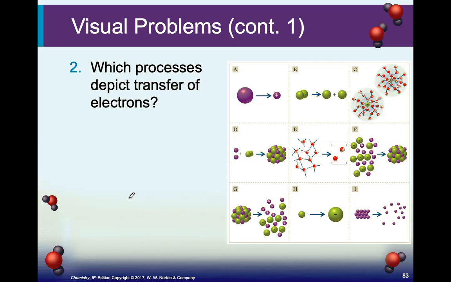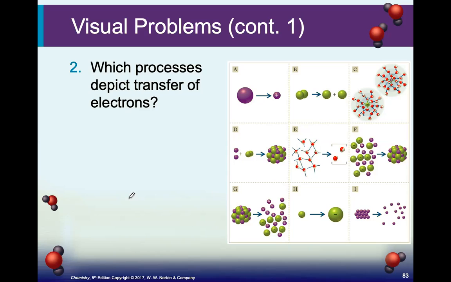There's two more. Anyone? H. H, correct. H is gaining an electron. Let's say this would be a chlorine atom going into a chloride ion. And which is the third one?